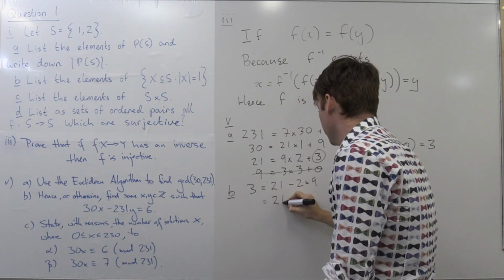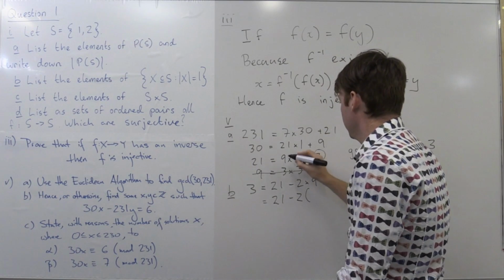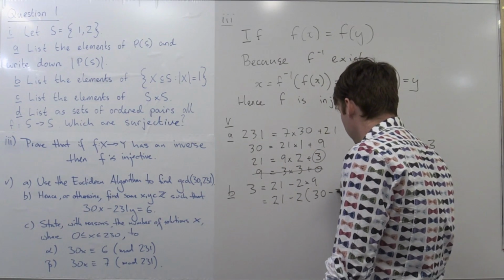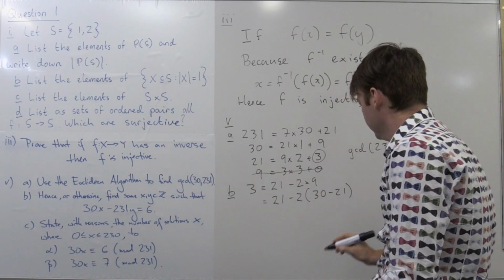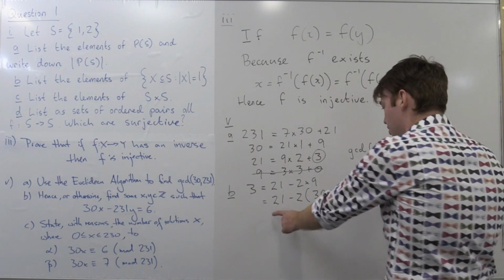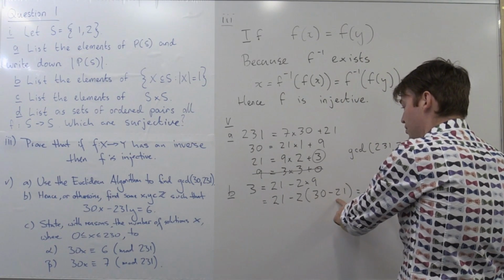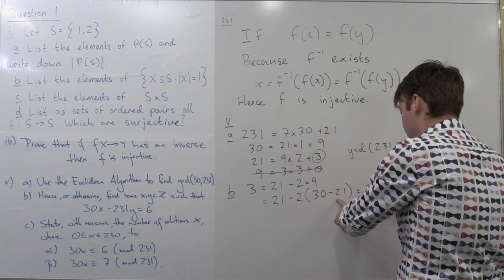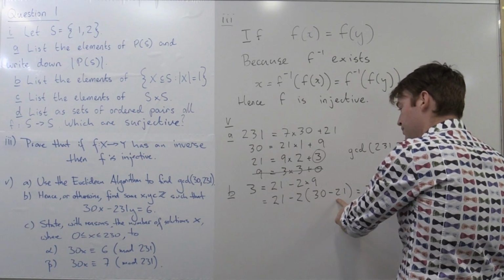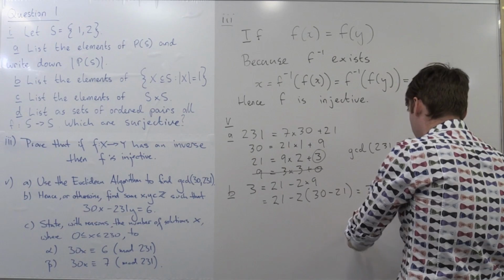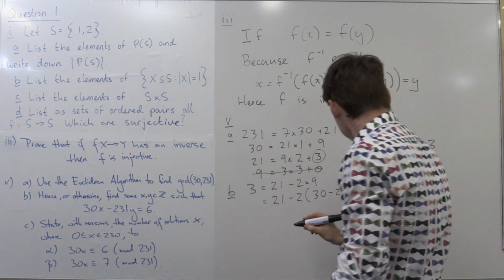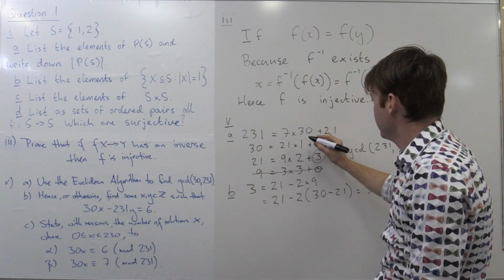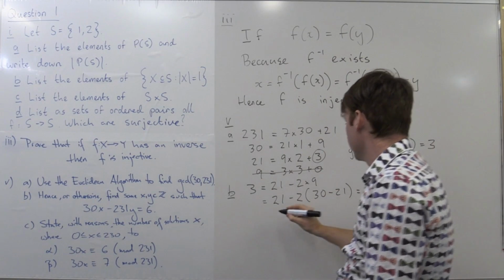So this is 21 minus 2 times 30 minus 21, which I can write as 21 plus 2 times 21, so 3 times 21 minus 2 times 30. And now I can use this first step up here to eliminate the 21.